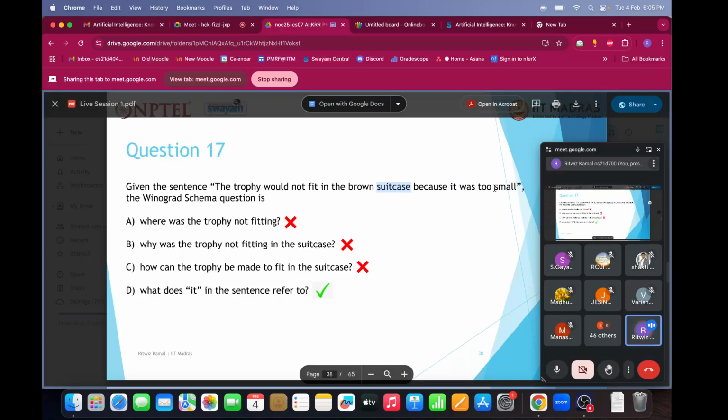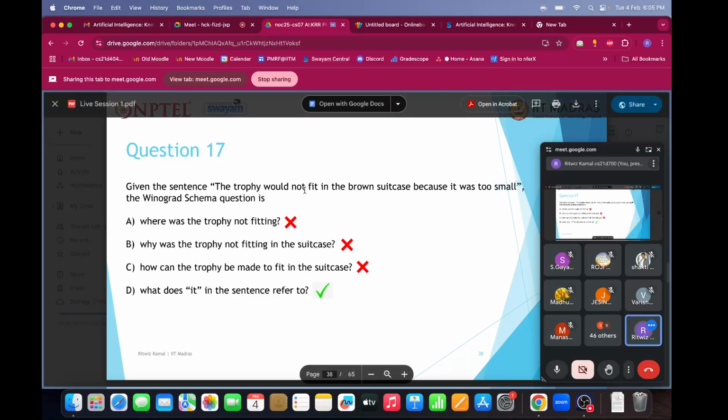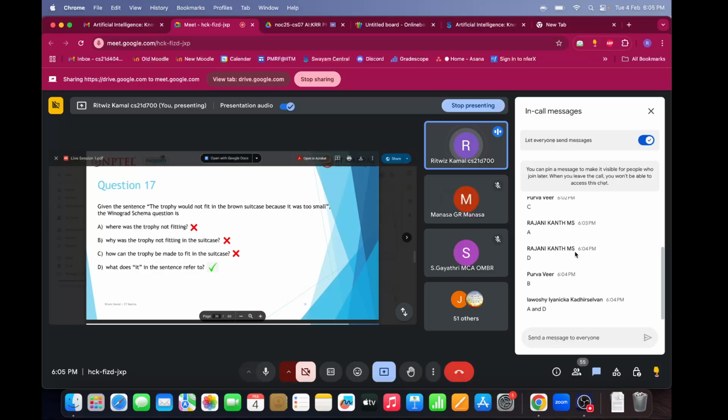But if we change the word small to big, then the sentence would read: the trophy would not fit in the brown suitcase because it was too big. In that case, what do you think "it" would refer to? The trophy, right?